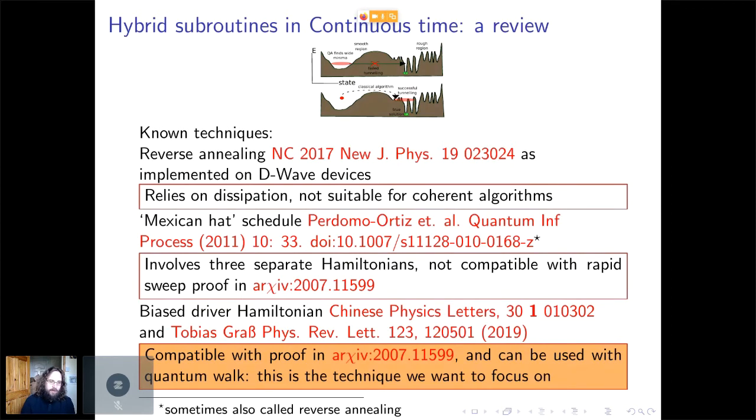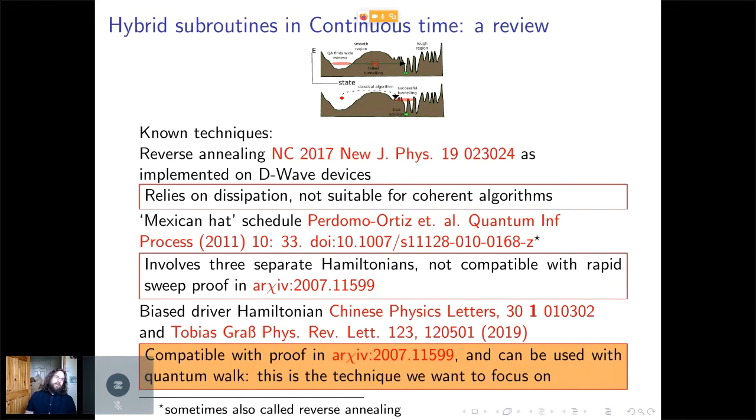And remember, back quite a few slides ago now, I said one of the things you don't need for this proof in our paper is for the driver Hamiltonian to be an orthogonal basis to your problem Hamiltonian. Well, the way this biases the Hamiltonian is just by having a field that's not exactly transverse.